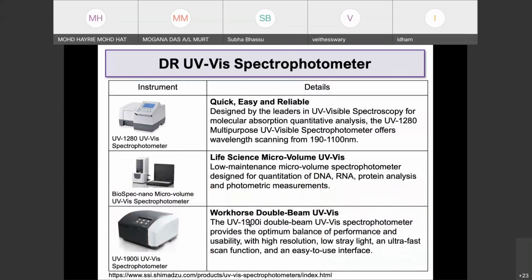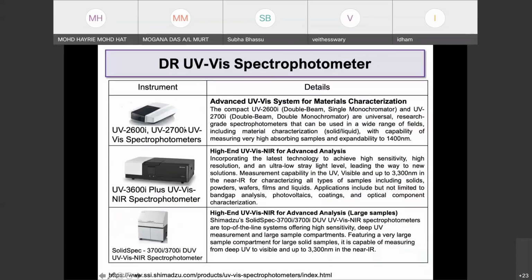Okay, sorry, I'm not a salesperson for Shimadzu, but these are some of the spectrophotometers that you can choose from, depending on the information you need to get later. We have the cheapest one here, just for liquid samples. I was using this instrument, which can measure solid and liquid samples.